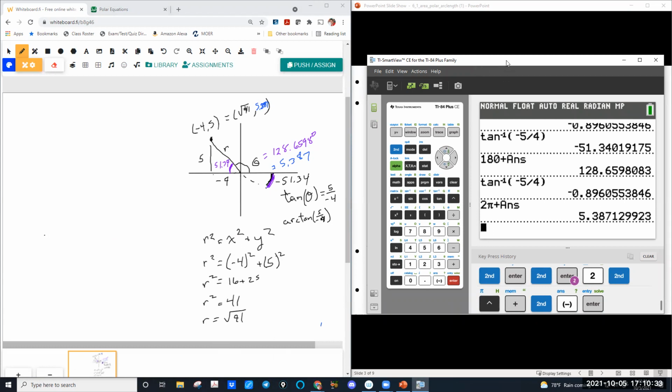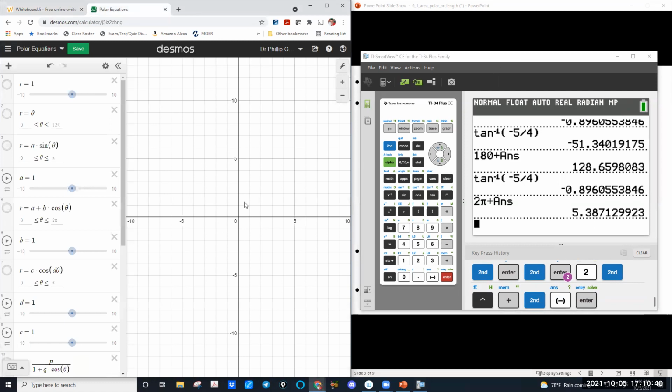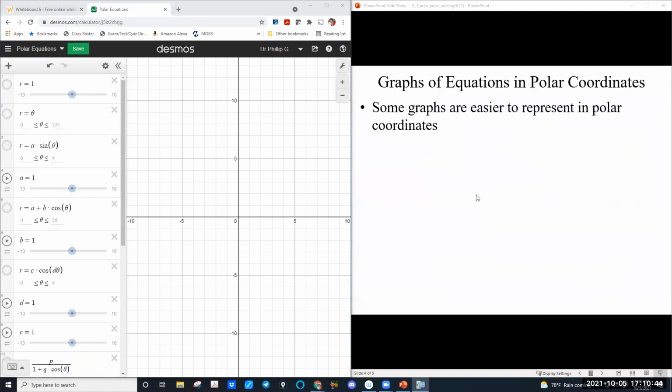Now, let's take a look at some polar curves. I've got some here in Desmos for us to look at. One of the nice things is some graphs are easier to represent in polar coordinates. For example, the graph of r equals 2. That's the set of all points that are 2 units from the origin, which gives us a circle.